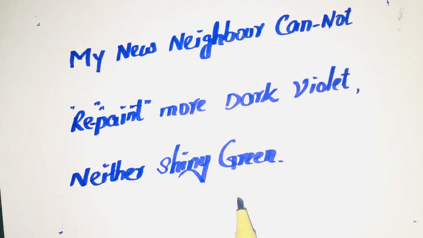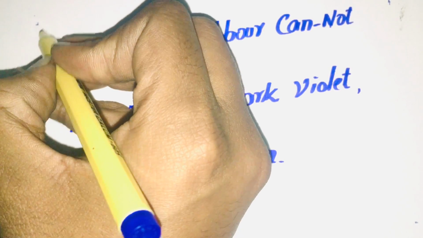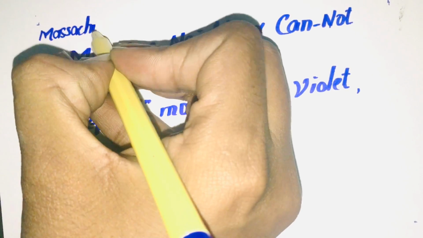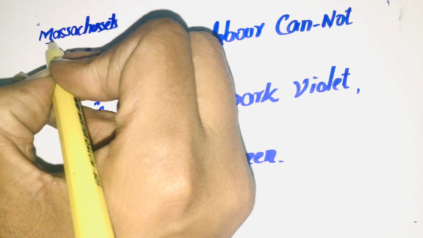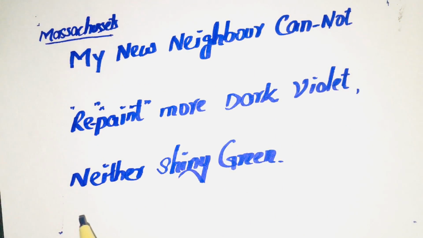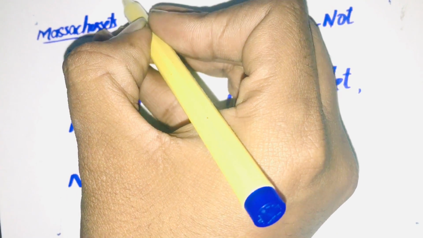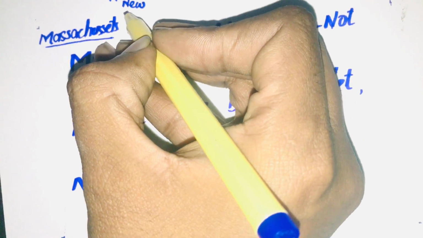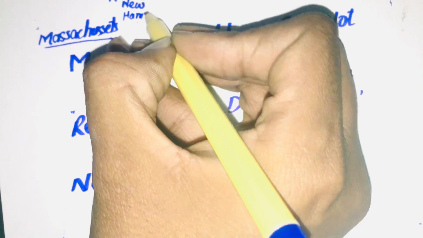How to remember these 13 colonies? Let me tell you. Right here, Massachusetts. And just above, I think you cannot see, I write here. I try to be in screen, so I stretch the paper. New Hampshire.